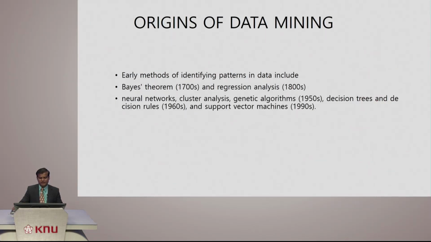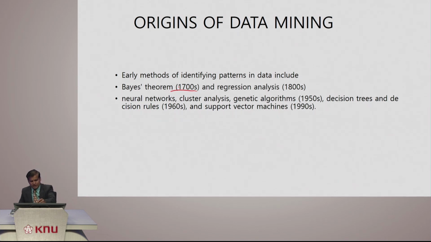Here is some of the history of data mining. Basically, we want to identify patterns. This originally started a long time ago, and we have solid information about how Bayes' theorem helps in pattern relationships. That was around the 1700s.